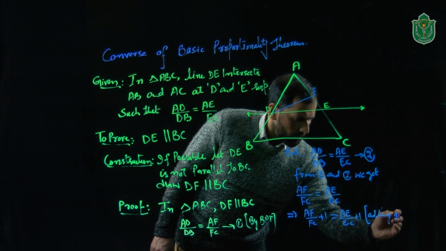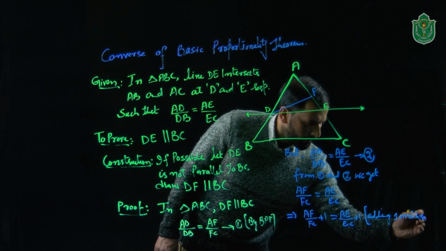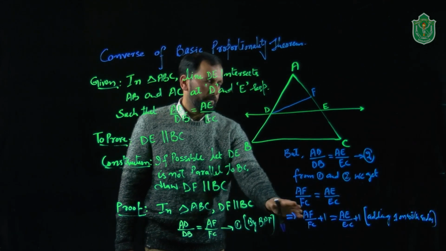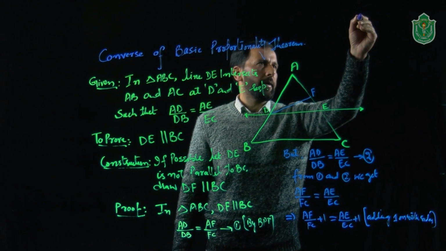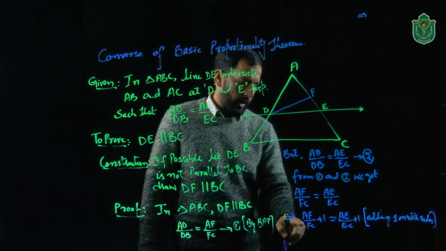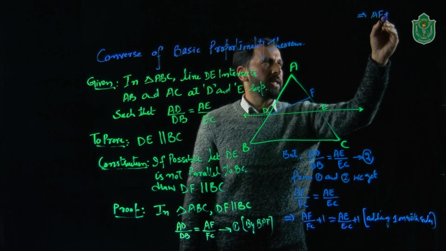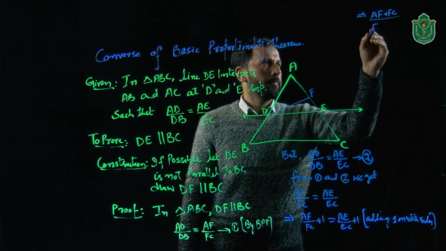Adding 1 on both sides. If we multiply here the two, AF by FC plus 1, we can write it here. It implies we have AF plus FC divided by FC.